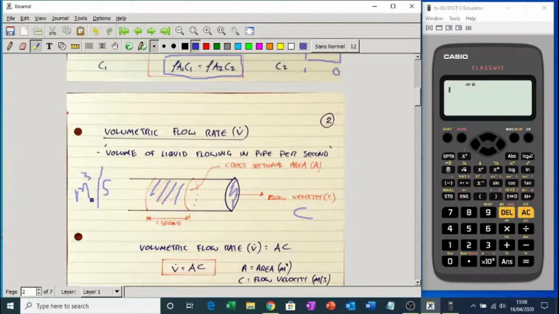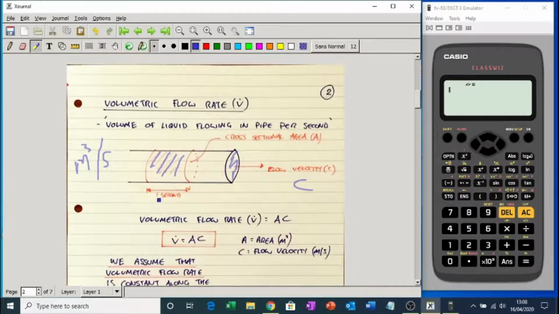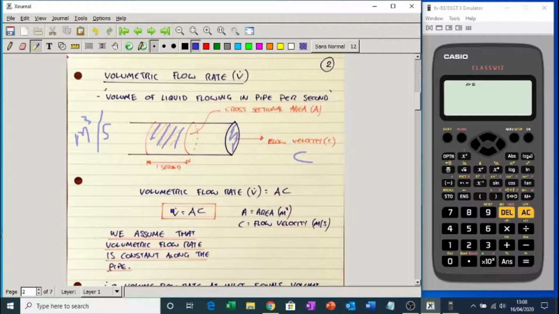So how much volume per second. So it's an easier one. You haven't got to explain how we derive this formula, but the volumetric flow rate is simply the area times by the flow velocity.